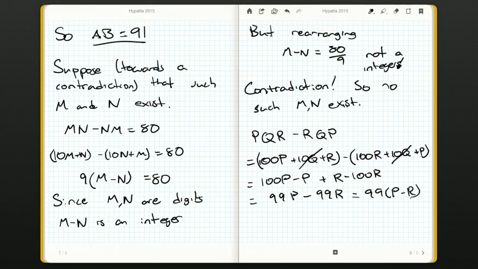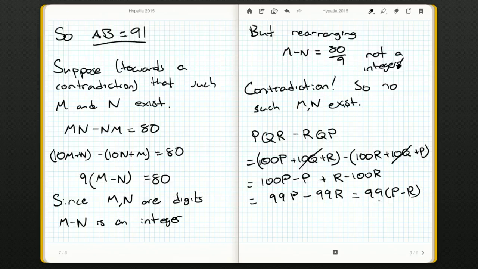And I'm guessing that this is why they chose P greater than R. And if we think back to just a second ago, I said that the difference of 816 and 618 was 198. Well, that's a multiple of 99. And 742 minus 247, that was 495, I said. That's a multiple of 99 as well.